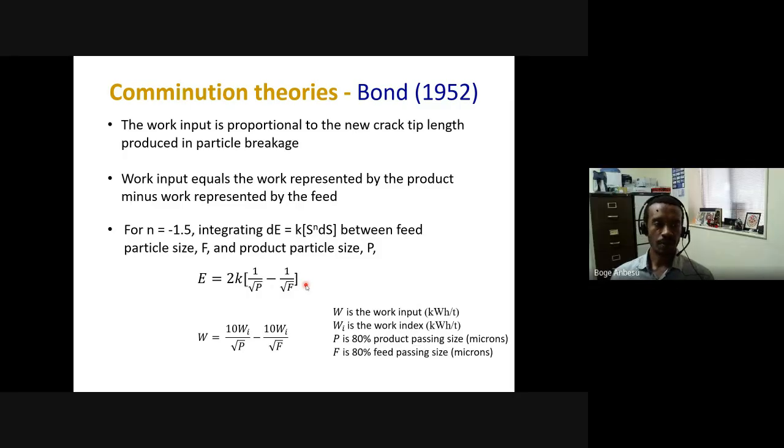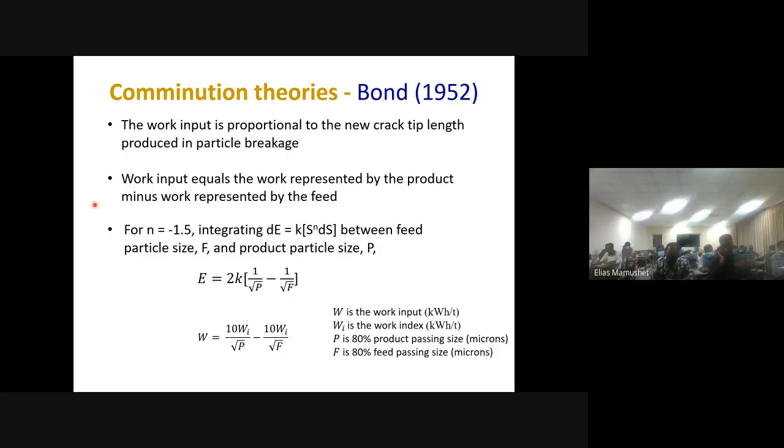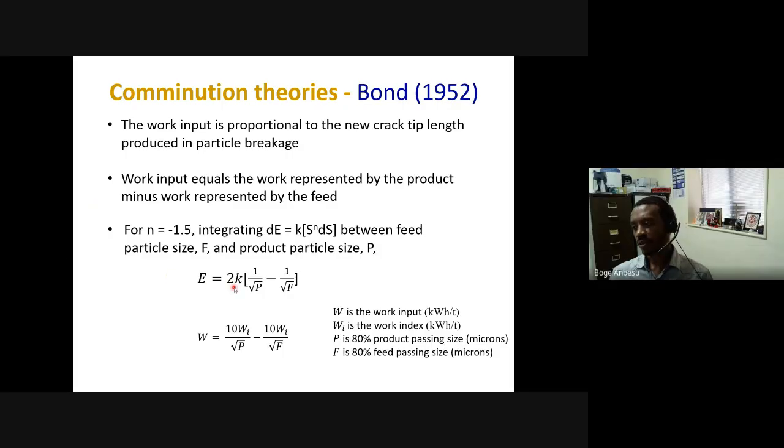-1.5. If you integrate that previous equation with respect to dS, you should get that expression there.